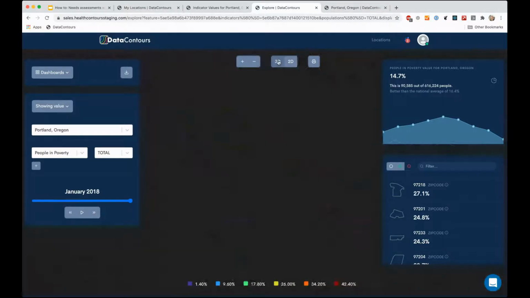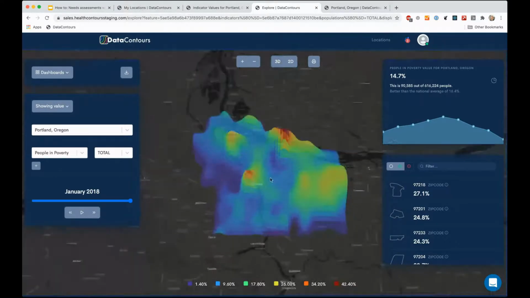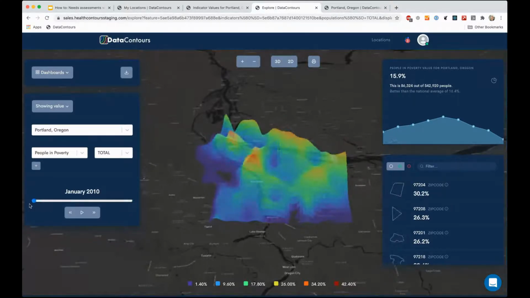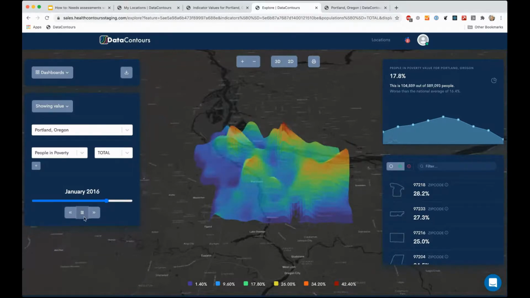Some other interesting features when you're looking at change over time, we mentioned kind of the gentrification example. So we have all of the time series data, and there's a cool slider over here that you can use to peek through and see. You can even animate if you hit the play button. It'll run through and show you how the poverty value is changing over time.